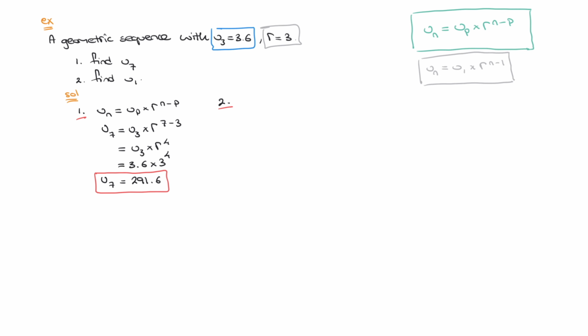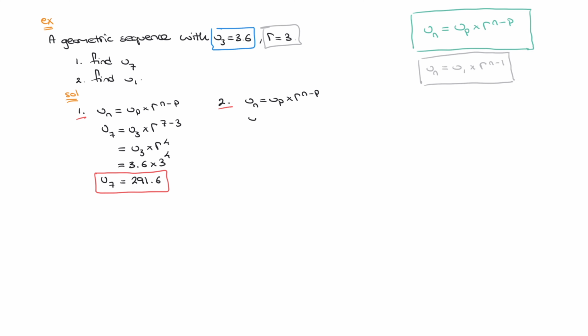Now for question 2, we need to find this sequence's first term, which is a very common question in exams. And so quickly copying that formula again, that's u sub n, which is equal to u sub p times r raised to the power of n minus p. To find the first term of the sequence, we'll replace every n we see in this formula by 1, and since we're given the third term of the sequence, we'll replace every p we see by 3.